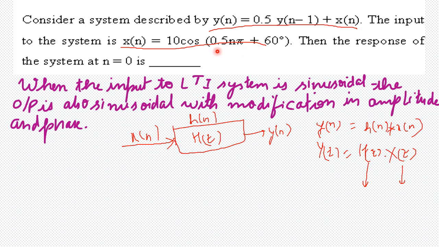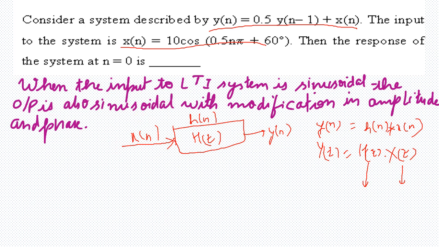Only when an LTI system gets a sinusoidal input, the output is also sinusoidal in nature, and the only thing that changes is the phase and the amplitude. It gets modified. The rest of the thing, the frequency and the nature of the input, does not change. That's what is written in these three lines.